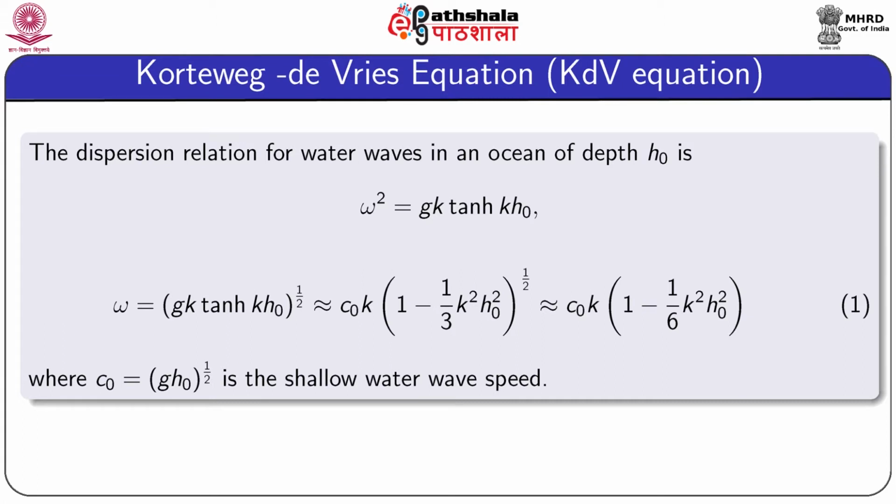So, from that equation, we can find omega as a function of k as (g k tanh(k h0)) to the power half. Now, if we expand this function, we get omega approximately equal to C0 k (1 - 1/6 k squared h0 squared), where C0 equals (g h0) to the power half, and this denotes the wave speed.